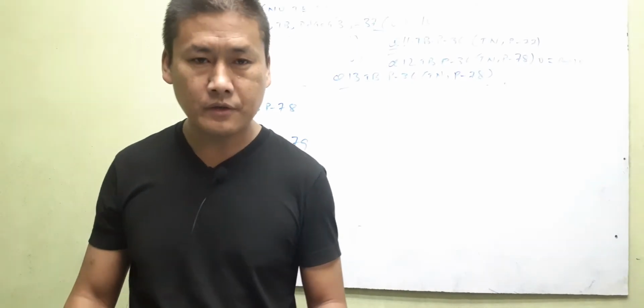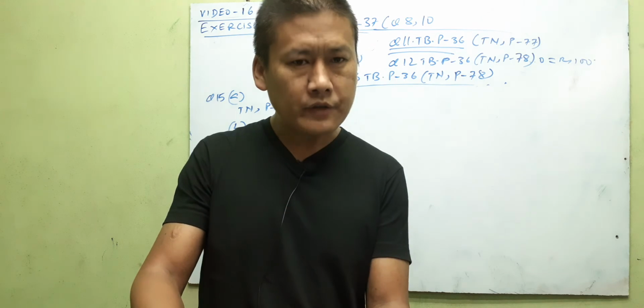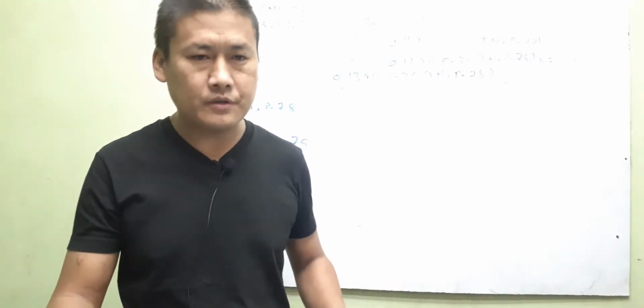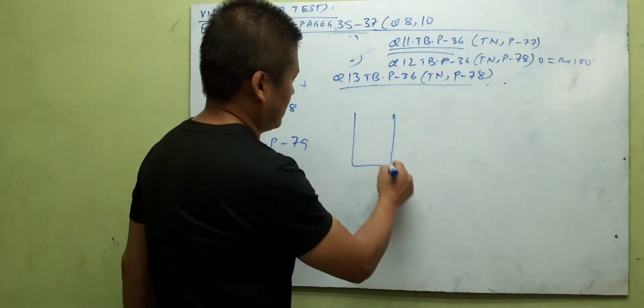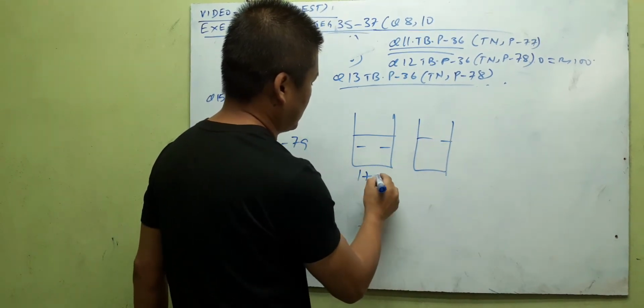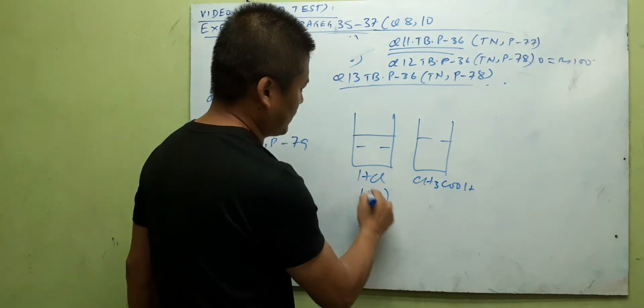The reason is that acetic acid will release lesser hydrogen ion than HCl of the same concentration, both the same amount, 5 ml, same strength, 1 molar.